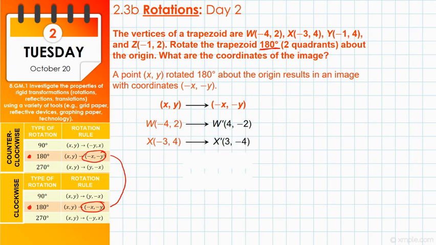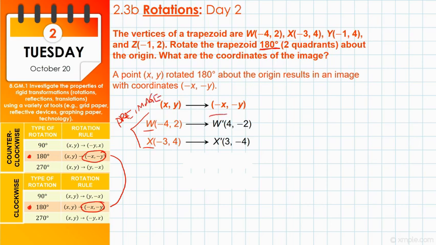Special note: when we rotate, or have any type of transformation, W prime tells me that we have a transformation. Prime is the designation for a transformation. W and X, these values are my pre-image.